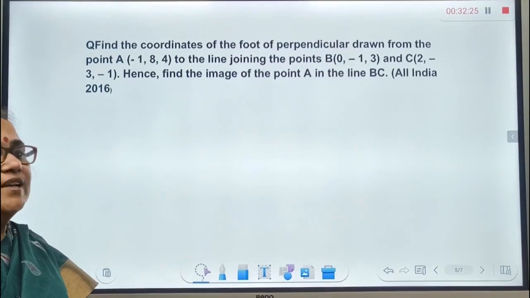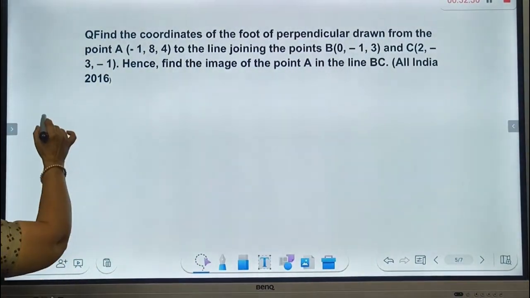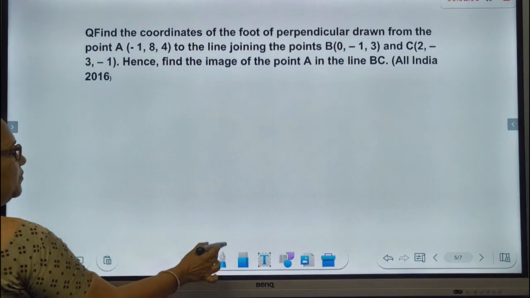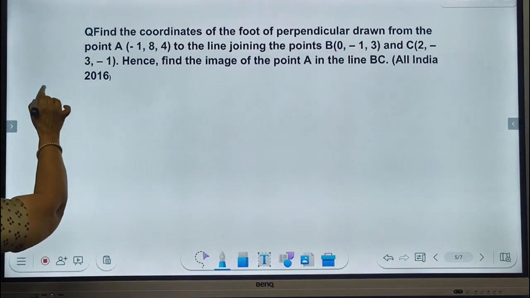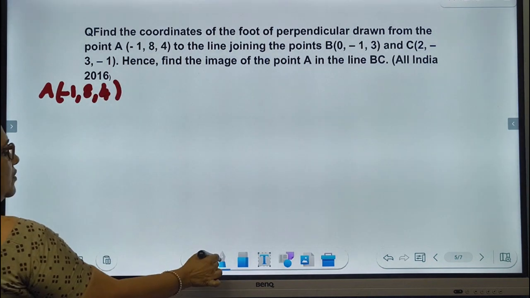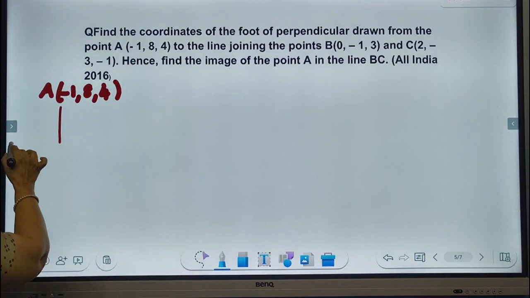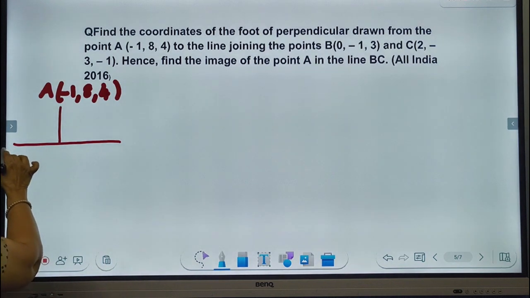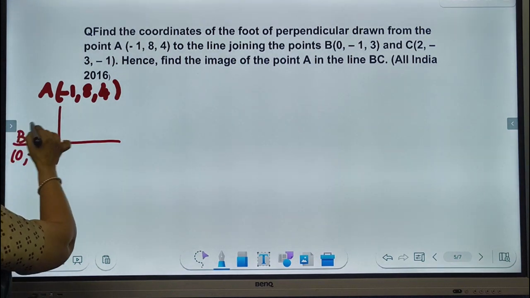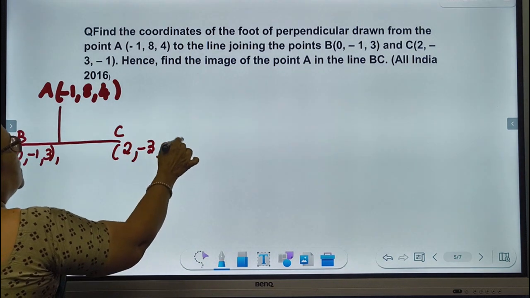We are going to find the coordinates of the foot of a perpendicular from a given point to a line. So you have a point A whose coordinates are given by minus 1, 8, 4, and the line joining B and C, where B is 0, minus 1, 3, and C has coordinates 2, minus 3, minus 1.